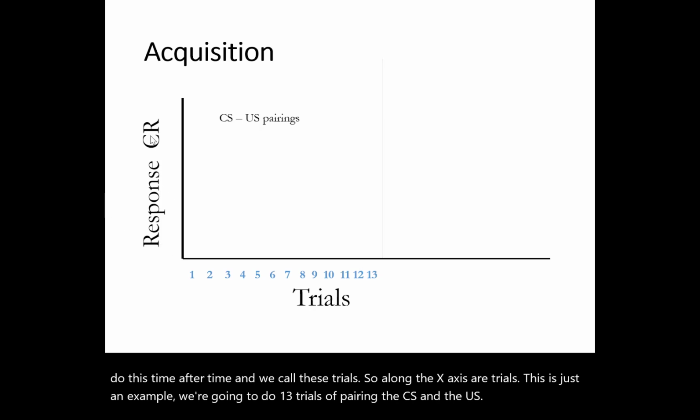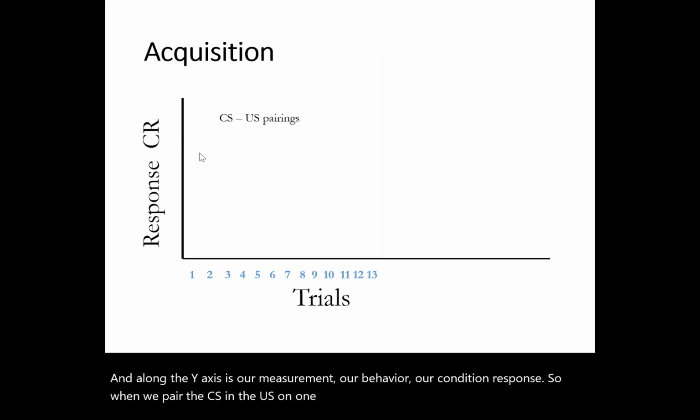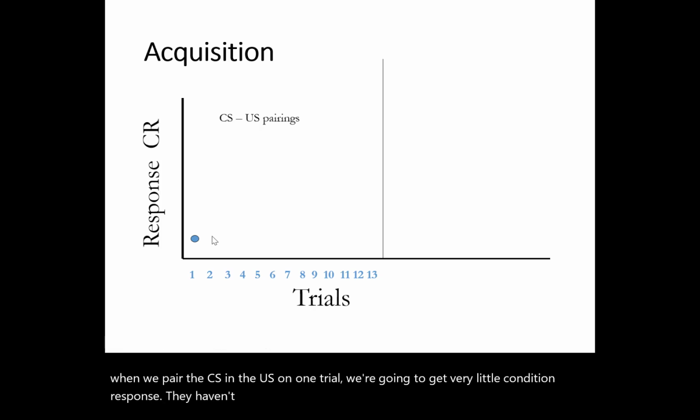And along the y-axis is our measurement, our behavior, our conditioned response. So when we pair the CS and the US on one trial, we're going to get very little conditioned response. They haven't been associated much, so we're not going to get a response.